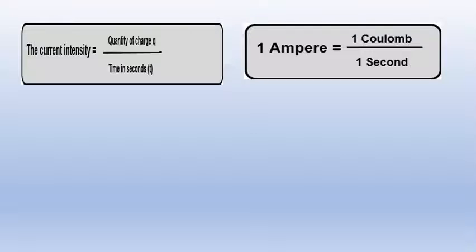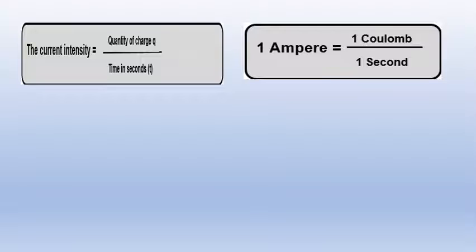So I can define the electric current intensity from the rule as a quantity of electric charge, and we must say a quantity of electric charge that passes through a cross section of a conductor. Once I say quantity of electric charge, I must say it passes through a cross section of a conductor.